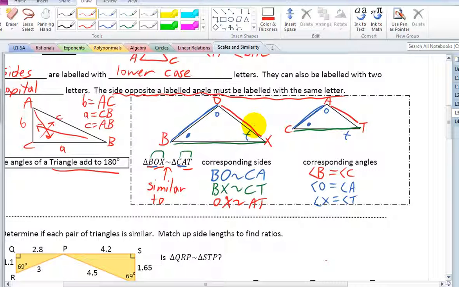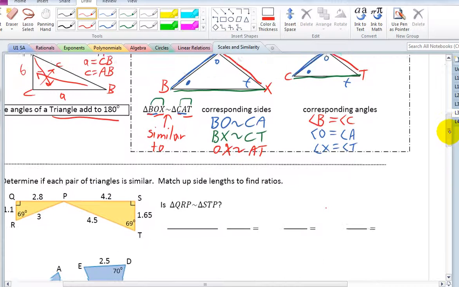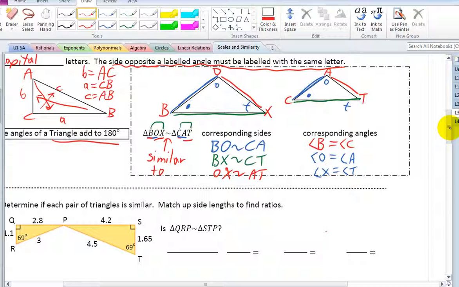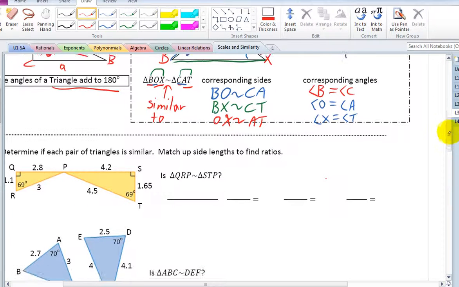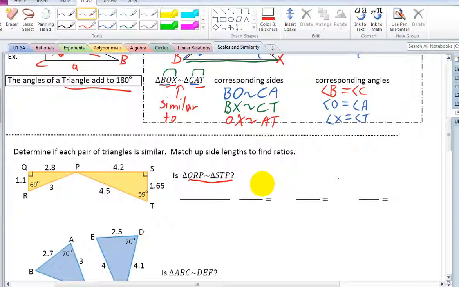It's important to know which sides correspond because that'll set up the ratio correctly. So let's practice setting up the ratio. We want to find out if these triangles are similar. Corresponding sides will give us the same ratio. Which triangle do you want on the top of our fractions, the left or the right?